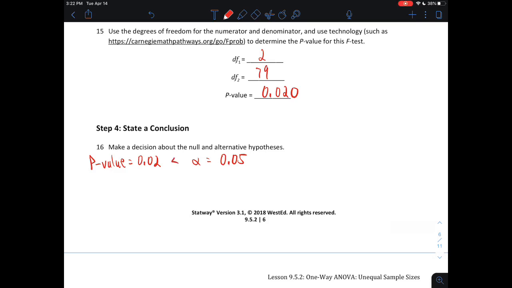Because the p-value is less than alpha, that means we reject the null hypothesis. And then that means that our data supports the alternative hypothesis.